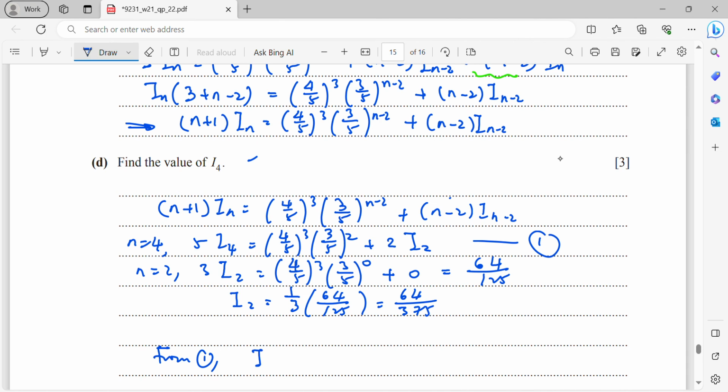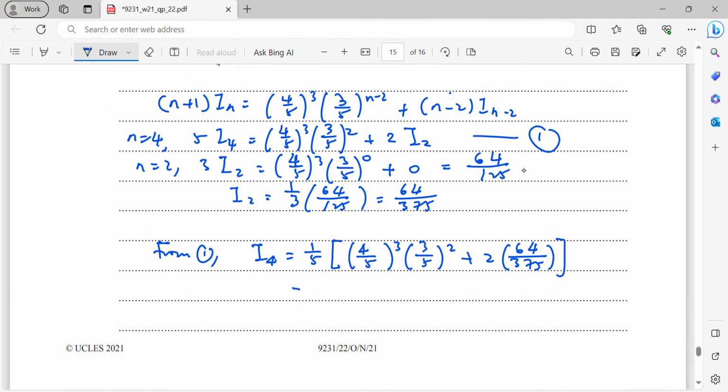my I4, I move down the 5 to the right side. So 1 over 5 of everything. The I2 replaced by the result. Okay, so now here, when you calculate, this is 1 over 5.